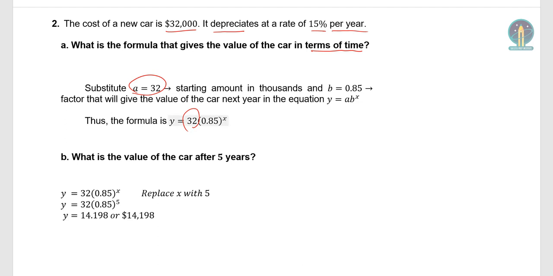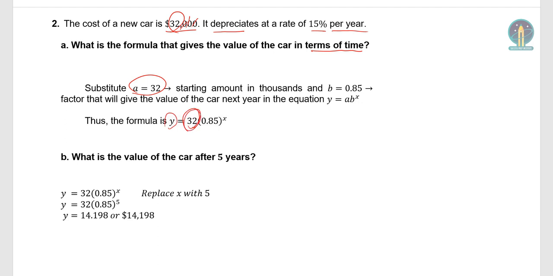Why did we choose 32 instead of 32,000? Whatever we get for y, just treat it as multiplied by 1,000. So you can cancel out the zeros of the 32,000 and just use the 32, just to make the equation simpler. But be careful that the end result you get, you have to multiply by 1,000.